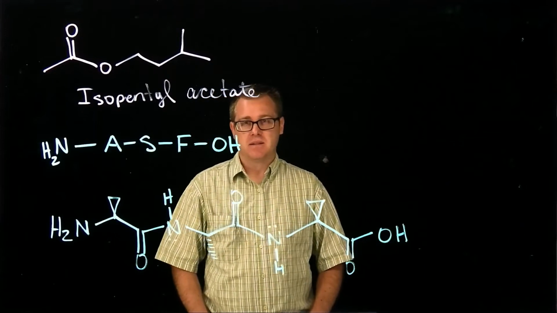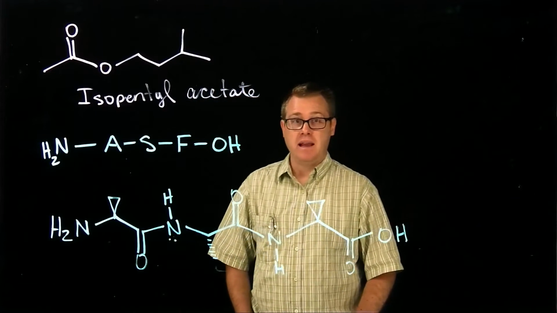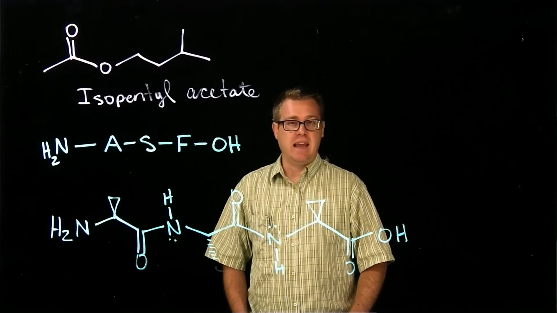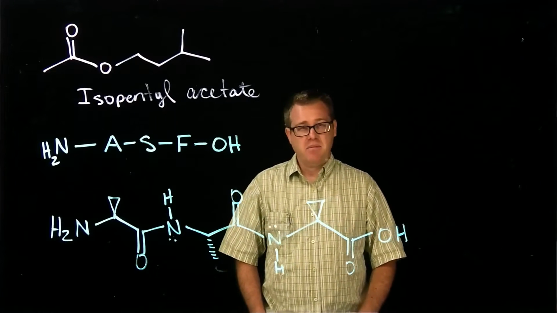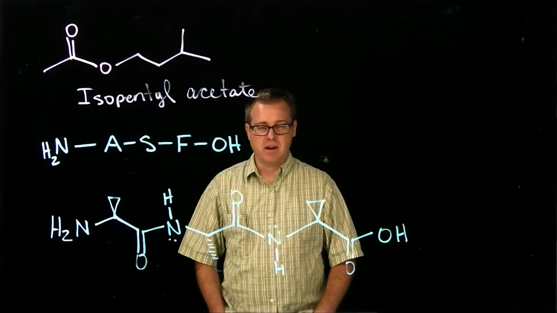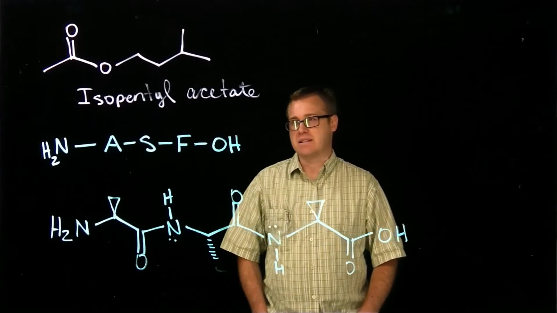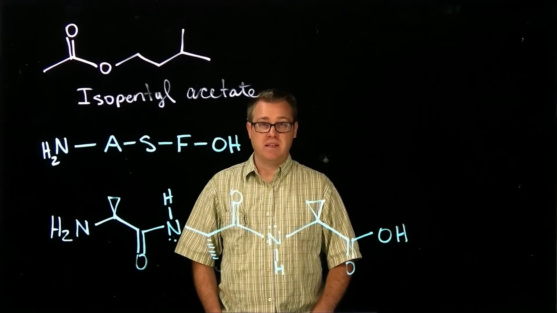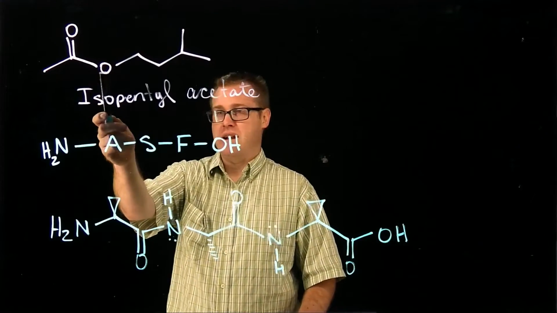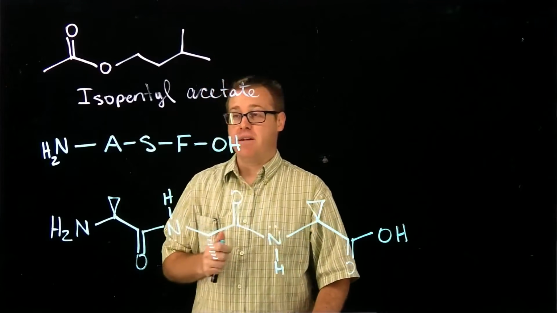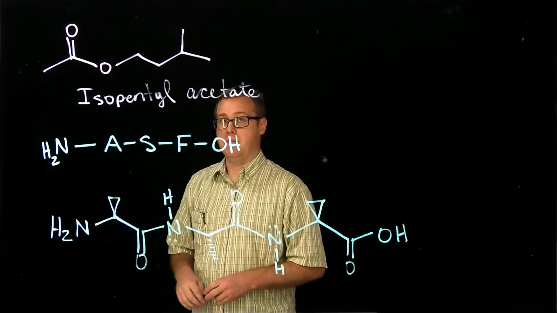And because it's so reactive and so unstable, we don't find many acid chlorides in nature, in natural products. The same thing goes for acid anhydrides. They are also very, very reactive and unstable, and so we don't see those in nature very much. But esters, on the other hand, are very, very stable, and we see them in nature all the time.